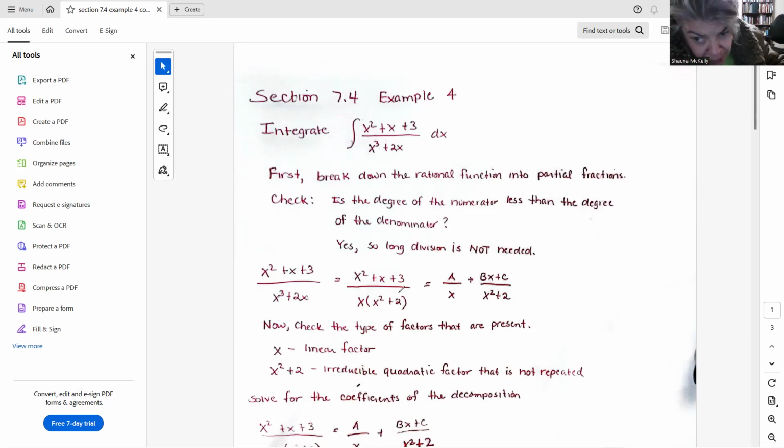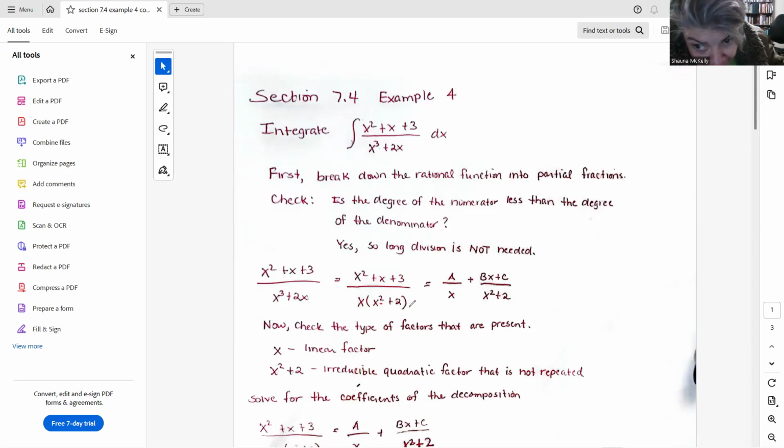Now, this x squared plus 2, we only have one factor of x squared plus 2. There's no square. If I had a square on this, then I would have a repeated irreducible quadratic, but I don't. So this is a quadratic and it's not reducible.